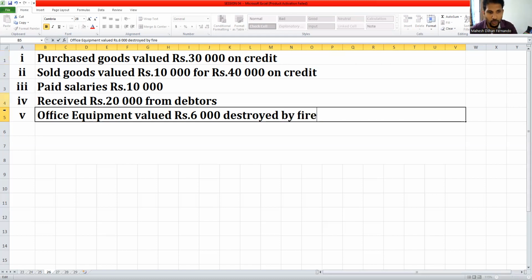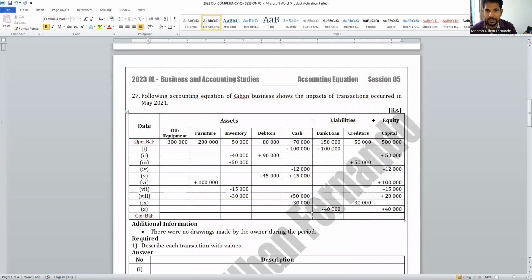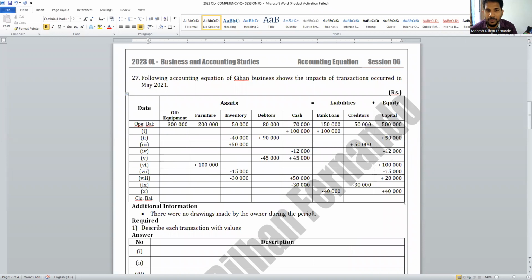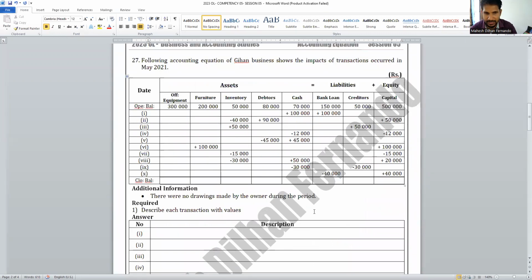So question number 27. We have to describe the given transactions. There are 10 transactions. Once again, observe what we should do. Try to describe the first 5 transactions.